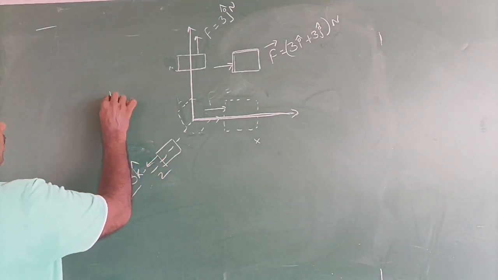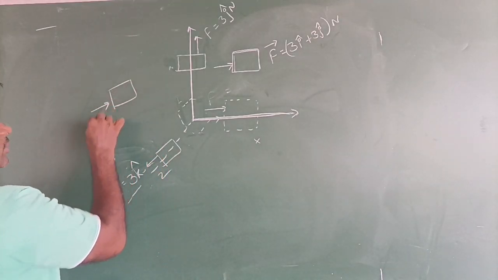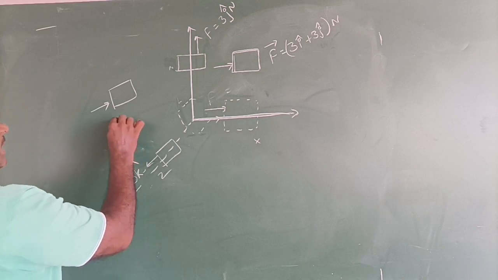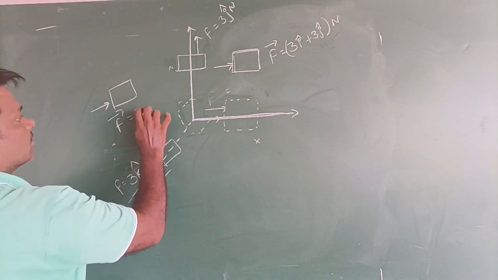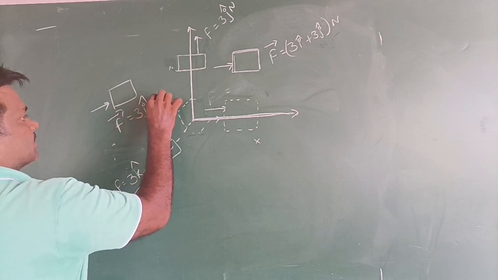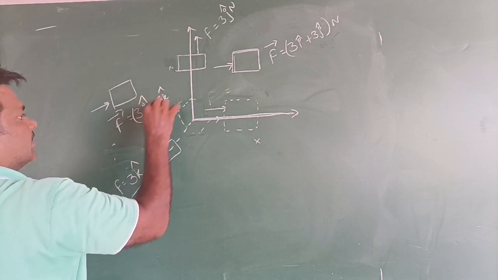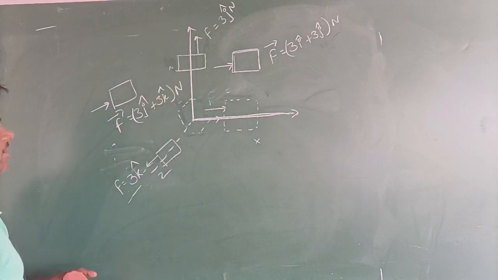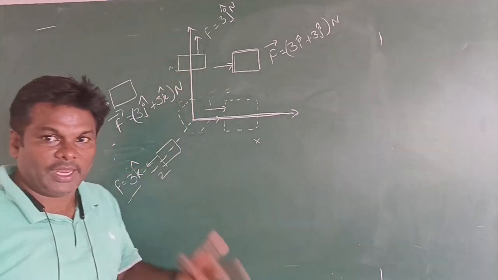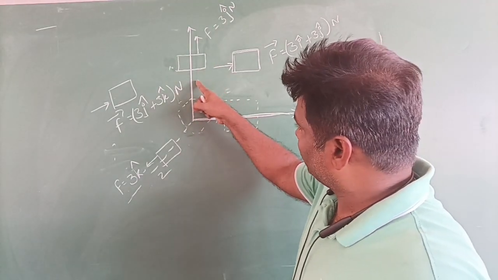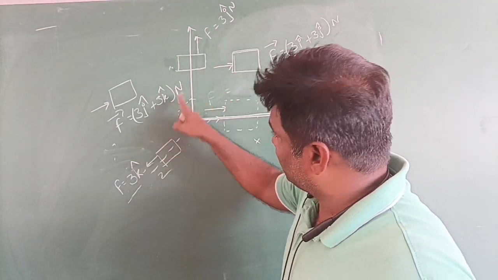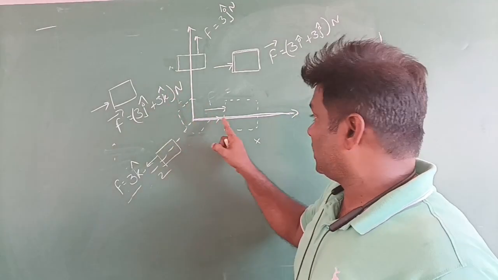Similarly, suppose the block is here and the force is applied on this. How can you mention it? F bar is equal to 3j cap plus 3k cap. Here it is not with i cap. Why? Because the block is present in the yz plane, not x.